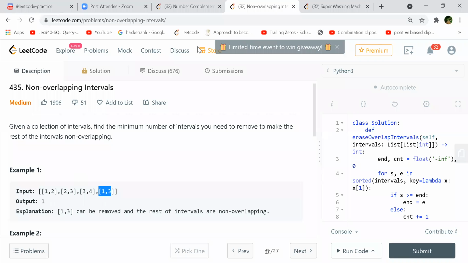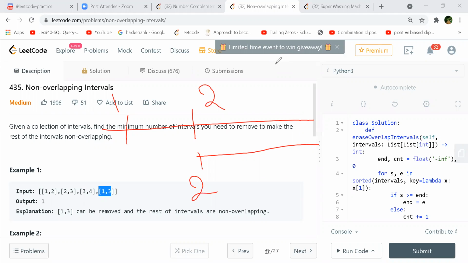Drawing the number line will be much better. One is 1, 2, another is from 2 to 3, and next is 3 to 4. And this 1, 3 is this one.